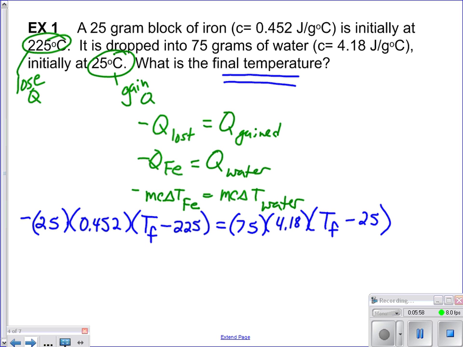I'm going to just be quiet and go through and show you the math that I've got set up on this.